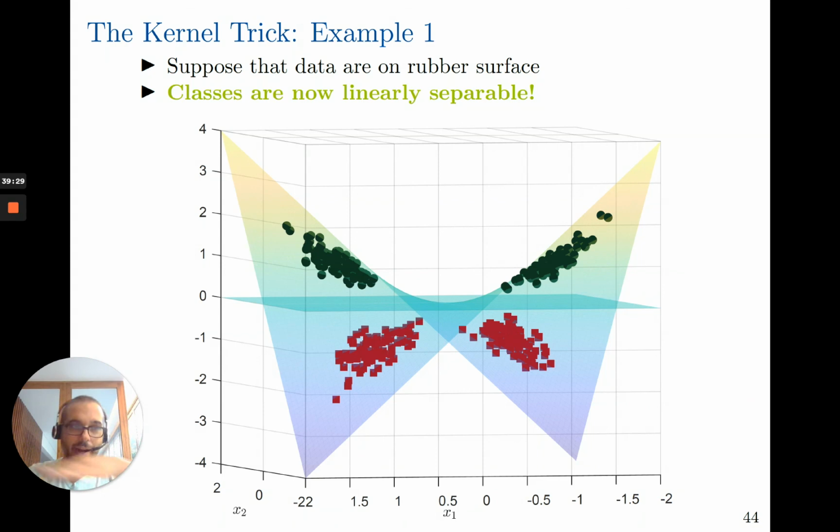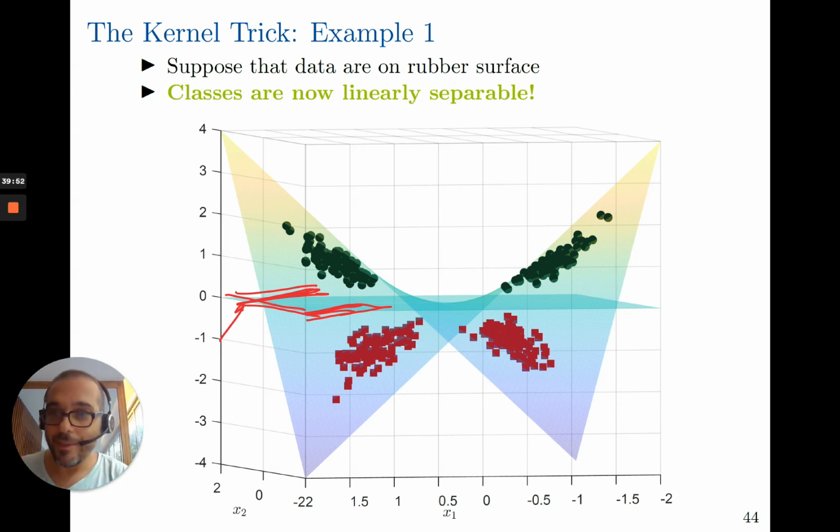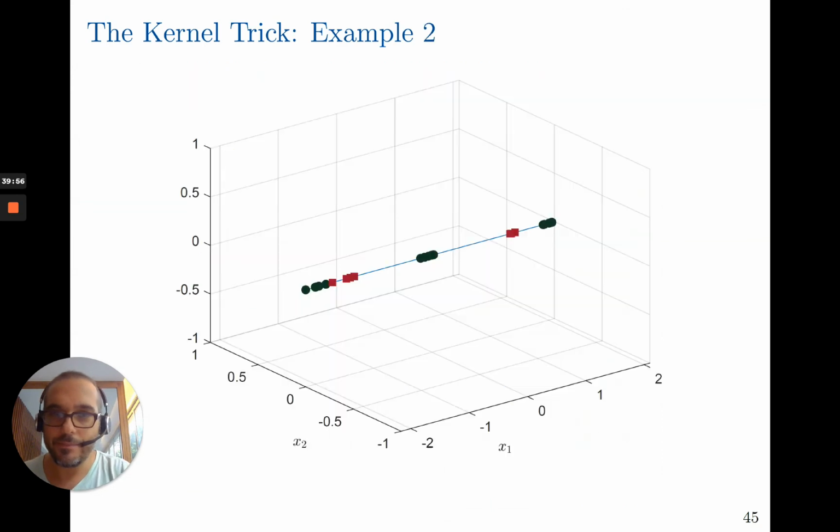And we have a hyperplane here, this hyperplane here, separating the two classes perfectly. It's linearly separable. Okay, so that's the trick.